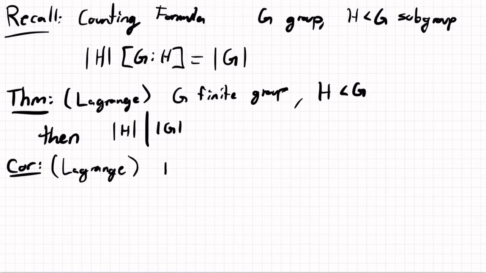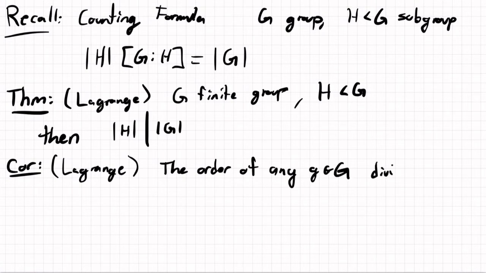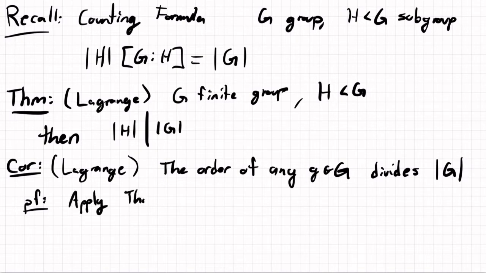This corollary says that the order of any element g in G divides the order, the number of elements, of G. The proof of this is just to apply the theorem to H equals the subgroup generated by our element.